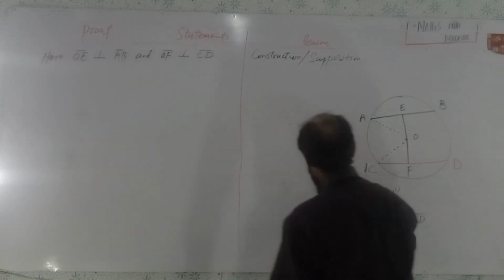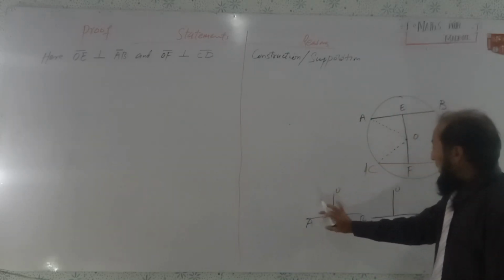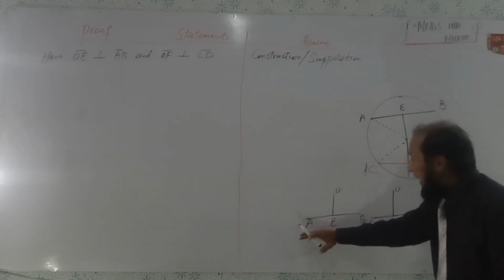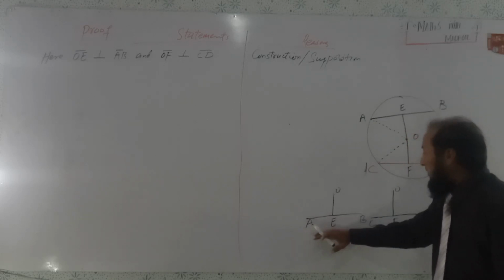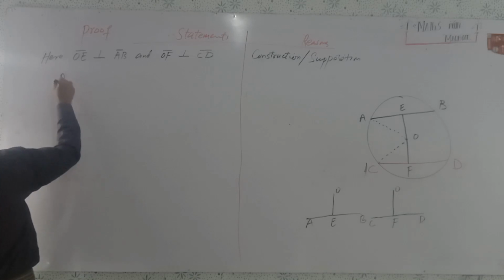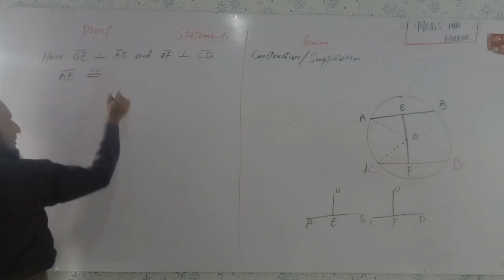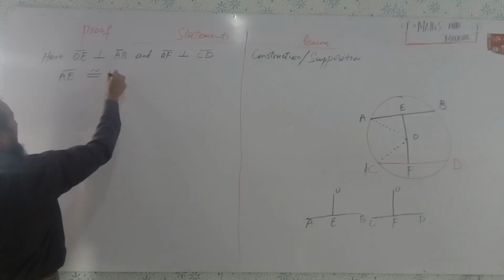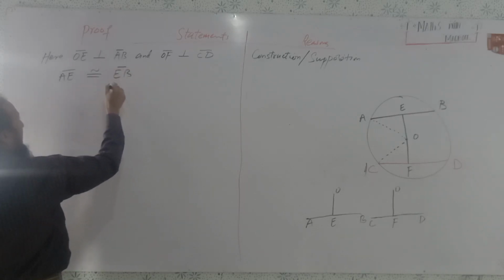Now, if this line is perpendicular to AB, it means that we can write AE is congruent to EB. Both are the same.